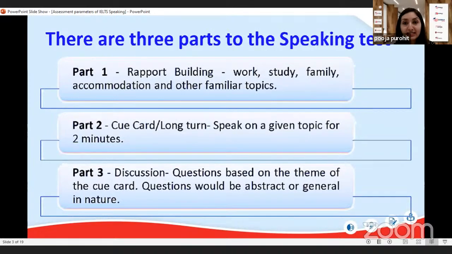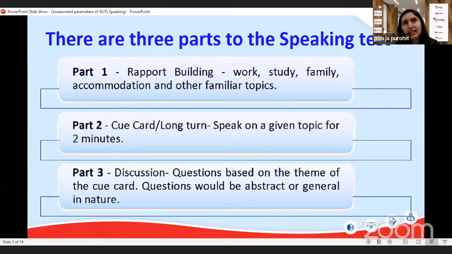Before I get to the point, I want to ask my audience, is anyone aware what you are being evaluated for in your speaking test? Mind you, the speaking test is a face-to-face interaction. The examiner sits in front of you and you both are interacting, and the same examiner is giving you marks too.